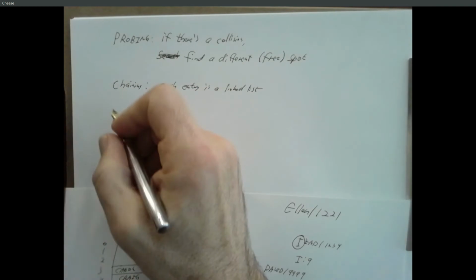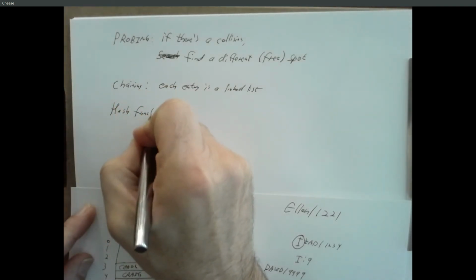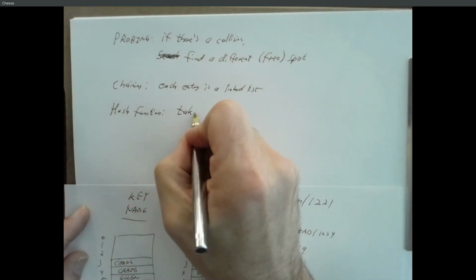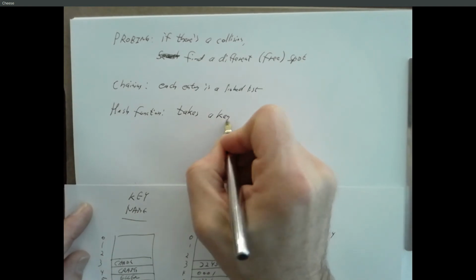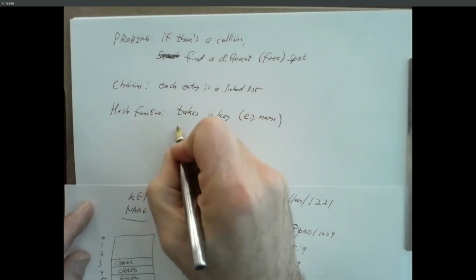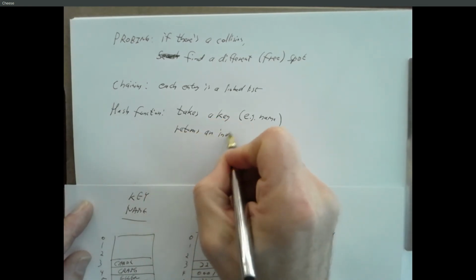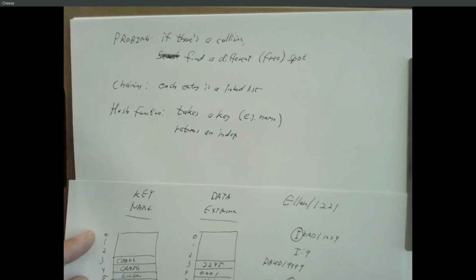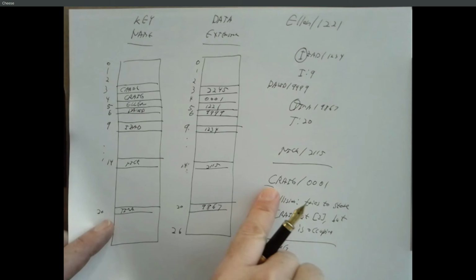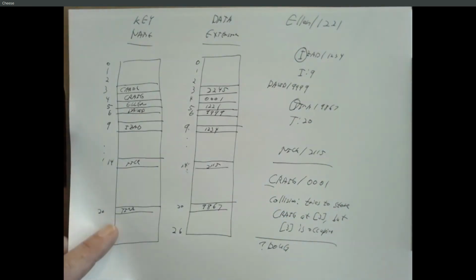Okay, so hash function. This takes a key, such as our name, and it returns an index. So our hash function so far is fairly primitive. Just take the first letter, whatever letter that is in the alphabet, that's our index.